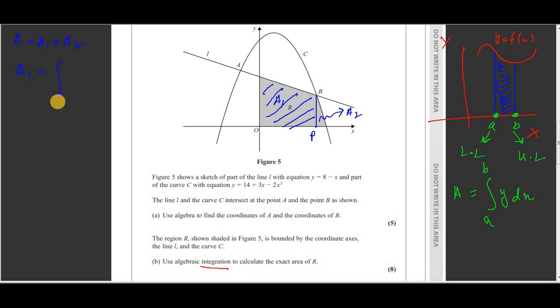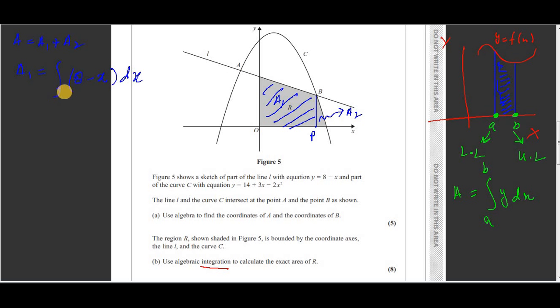I'm not writing the limit for the meantime, but I need to integrate the equation of the line, not the curve, because this is the area under the line. So I need to integrate the equation of the line, which is y equal to 8 minus x. That means 8 minus x dx.